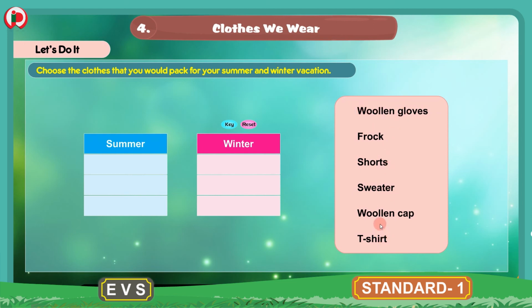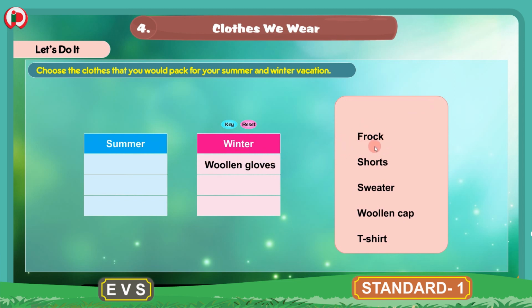And now you have to choose the clothes which you wear in summer season and the clothes which you wear in winter season. Now the first here are woolen gloves. So can you tell me, in which season do you wear woolen gloves? Yes, in winter season we wear woolen gloves. So we will write under winter. In winter it is very cold, so we use woolen gloves.